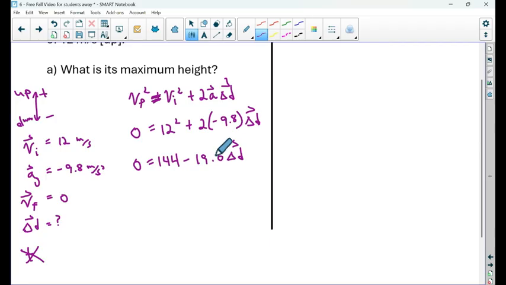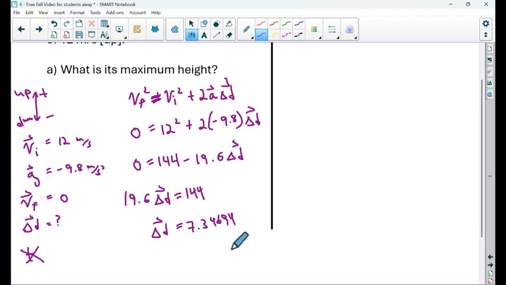Let's move the 19.6 times delta D over to the other side. Let's add it to both sides to get rid of it on the right and move it over to the left. So on the left now we have positive 19.6 times displacement. On the right side we still have the 144. Let's divide both sides by 19.6. I have just displacement on the left side. On the right side I have 7.34694. Sorry, that's getting a little messy.